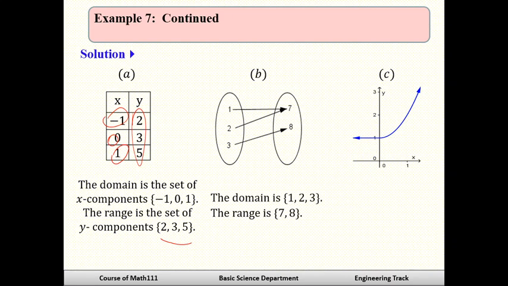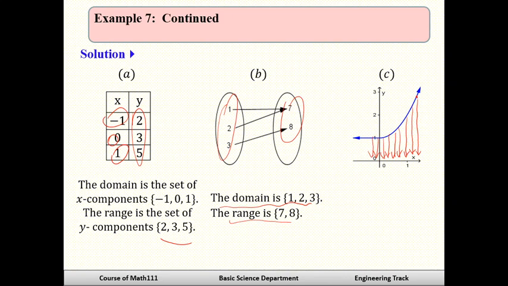And do the same thing. The domain is the set of the x's, and the range is the set of y's. Now, look at these points. You will find their x components here.